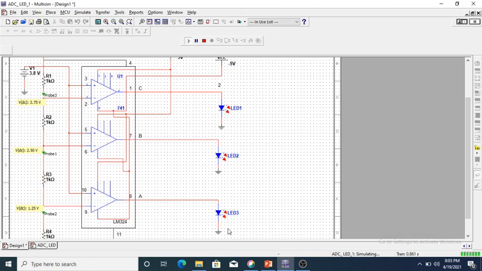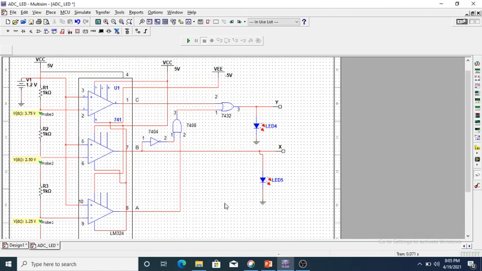Now we'll observe the digital output of this circuit. Now the combinational circuit is built after the comparators. If my input is less than 1.25, see the output, digital outputs X and Y both will be off, so the digital output will be 0, 0.